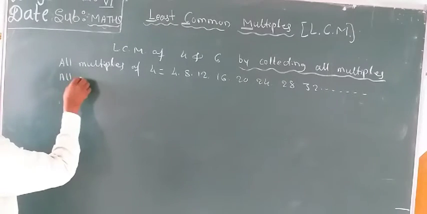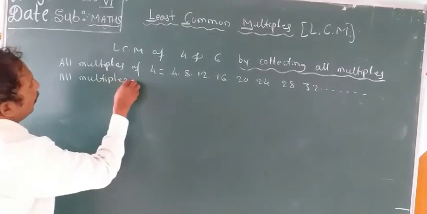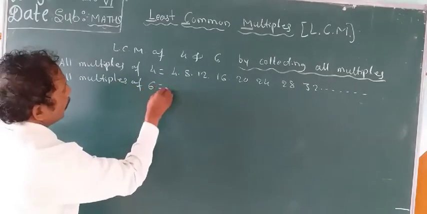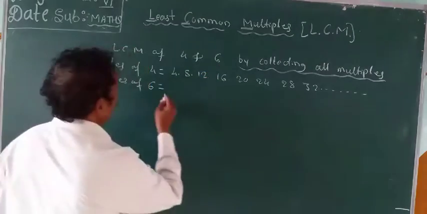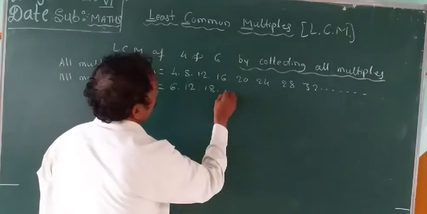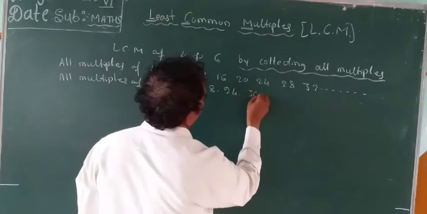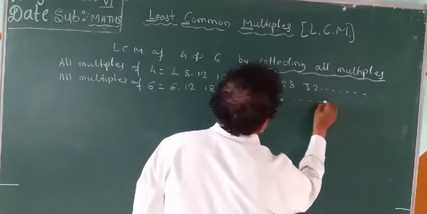Similarly, write all the multiples of 6. Write the 6 table: 6, 12, 18, 24, 30, 36, etc.